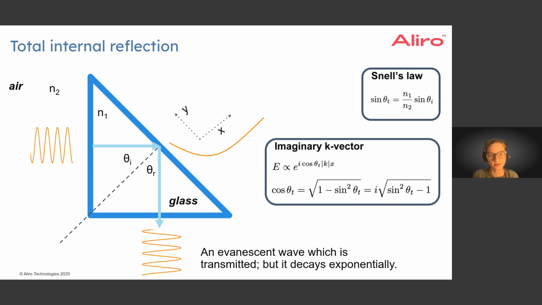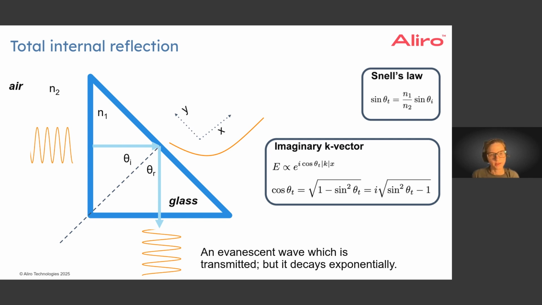Well, we can think about light as traveling according to an equation for the electric field of the light, where the electric field goes by e to the i kx, where k is your wave vector relating to your momentum of your light, and x is just the position of the light.